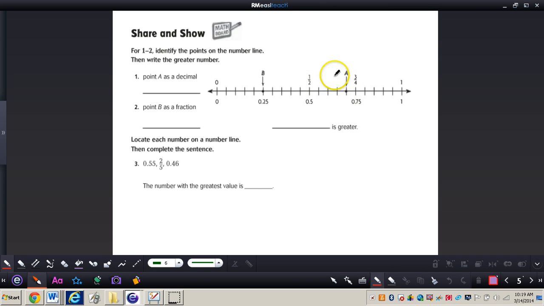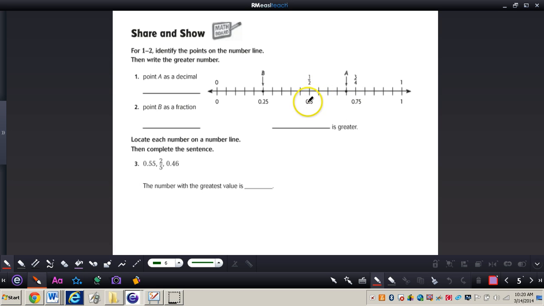Now, point A is a decimal. There's another way that we can do this. Now the decimals are already identified. I'll give you a little trick if the decimals are not identified on the number line. However, if they are identified, we could see within this that each section increases by 5 hundredths. There's 20 sections here, and each line represents a new 0.05.